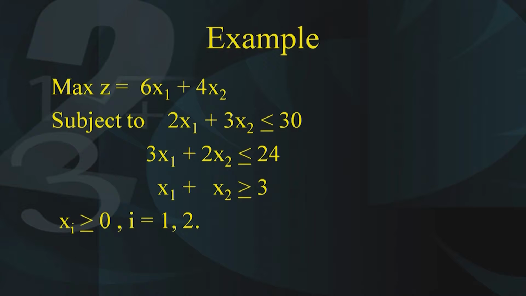Just look at the slope of the objective function and look at the slope of the various constraints, and you will find that the slope of the second constraint is the same as the slope of the objective function. So, this indicates that the problem has multiple solutions.